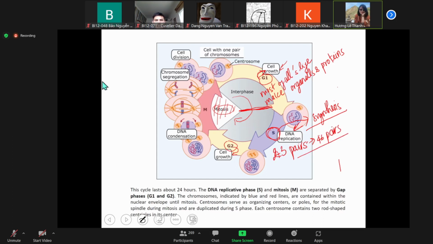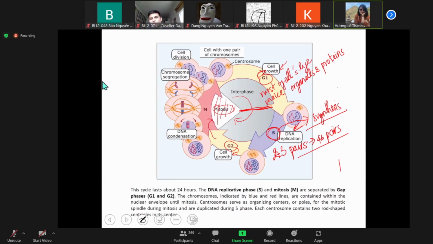So what happens in the cell growth 2? What occurs in G2? We have growth 1 and growth 2. What is the difference between them? In growth 1, they make organelles and proteins, but G2 is the phase that prepares for the mitosis. They prepare everything for the mitosis.